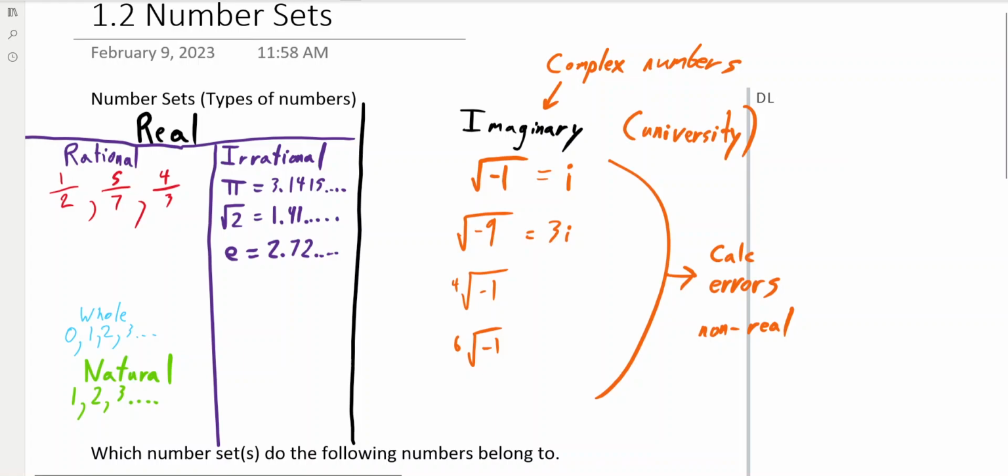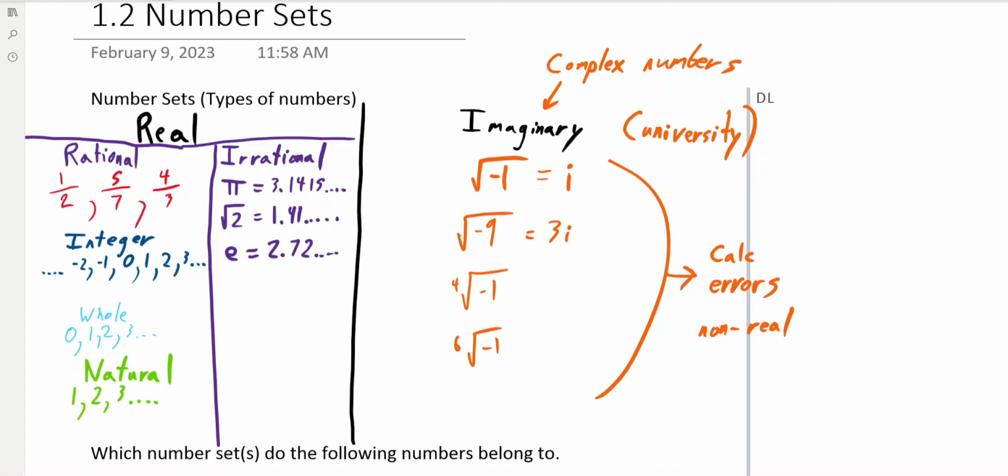Okay, and then our last number set is going to be the integers, which starts in the negative. So I'm going to write -2, -1, 0, 1, 2, 3, dot, dot, dot, and it keeps going to infinity in the negative and in the positive direction.